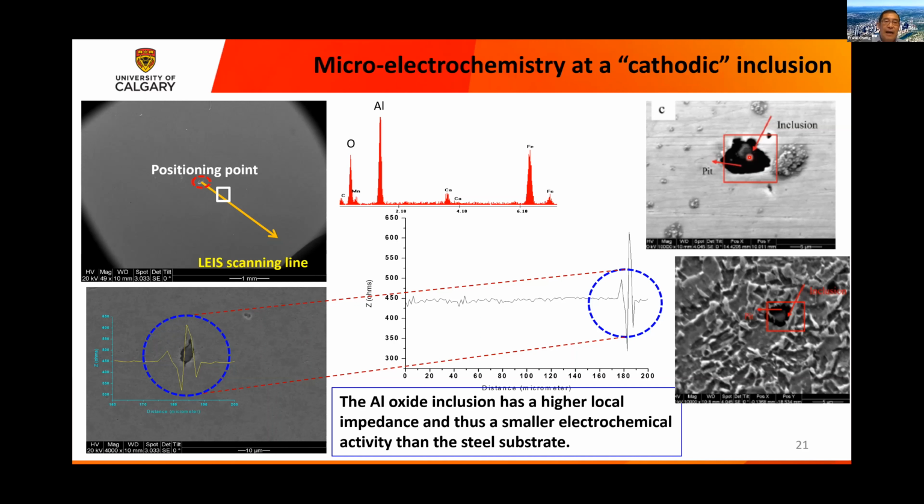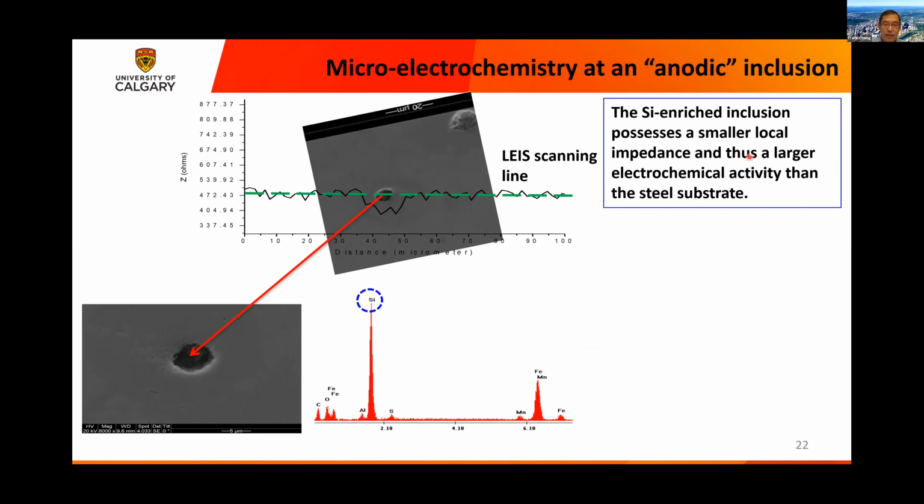If we have the aluminum oxide inclusion in the steel, how pitting corrosion will happen is actually based on the preferential corrosion of the steel substrate. If we have another type of inclusion, in this example, this inclusion is silicon enriched. But after the micron-scaled pitting corrosion is formed, the silicon inclusion is gone, it is dissolved.